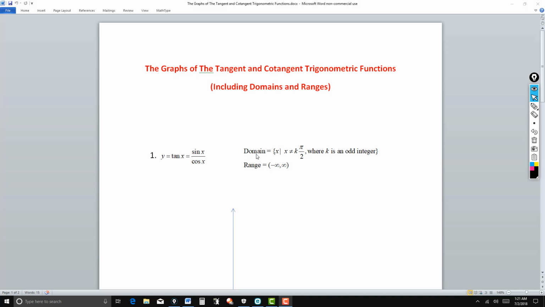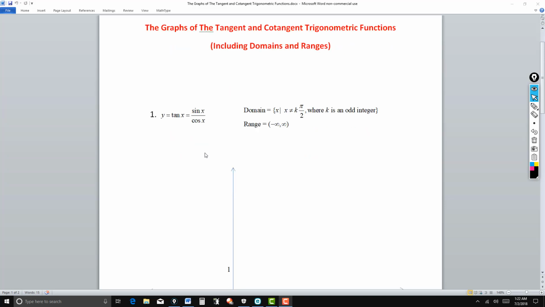So therefore the domain of the tangent function cannot include the odd multiples of pi over 2. So those are restricted. And as you'll see from the graph, the range is going to go from negative infinity to infinity. Now the sine function is 0 at multiples of pi. So it's 0, pi, 2 pi, 4 pi, negative 2 pi, and so forth.